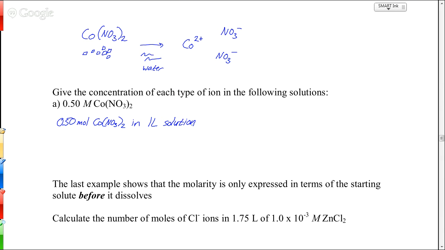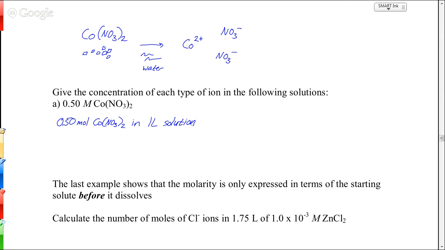So if we have 0.5 moles of cobalt nitrate, how many moles do we have of just cobalt ions? Remember that moles is a count. So the best way I think to think about this is to go back to the molecule. Cobalt nitrate's an ionic compound. It's not a molecule, but we can still think about it that way.